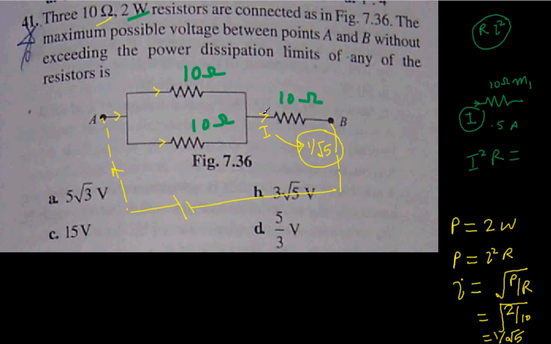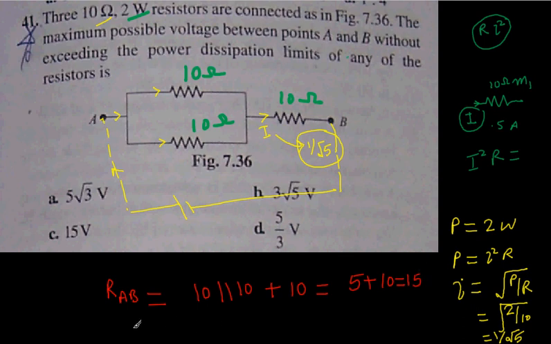Total resistance from A to B should be equal to these 2 parallel resistances, 10 ohm parallel to 10 ohm, in series with 10 ohm resistance. It means we will have total 5 plus 10, total 15. 15 ohm is the total resistance of AB.